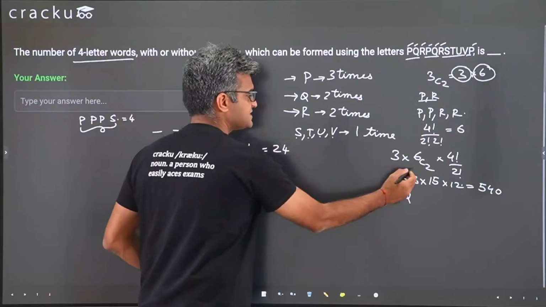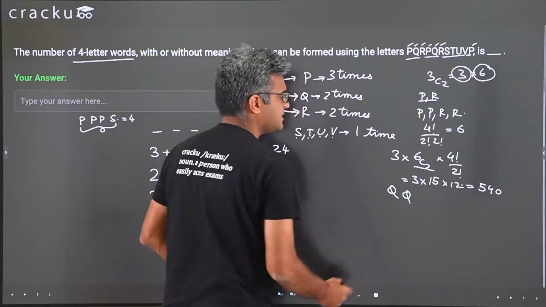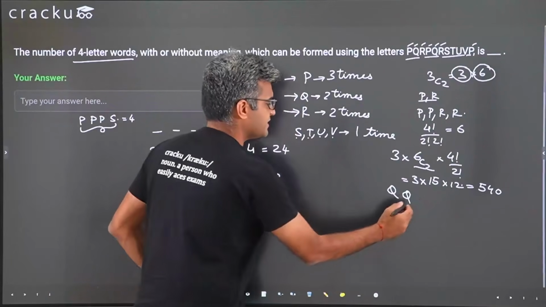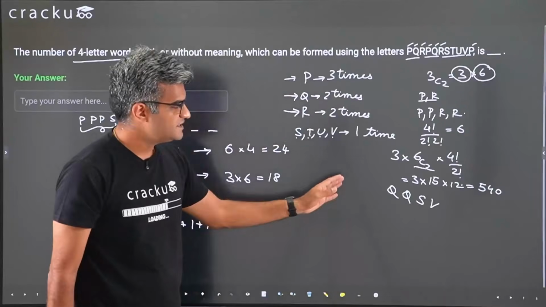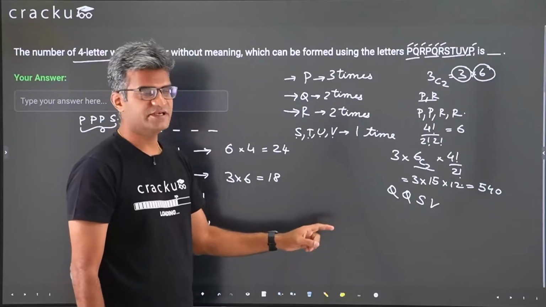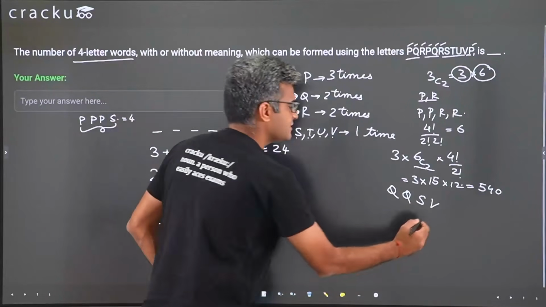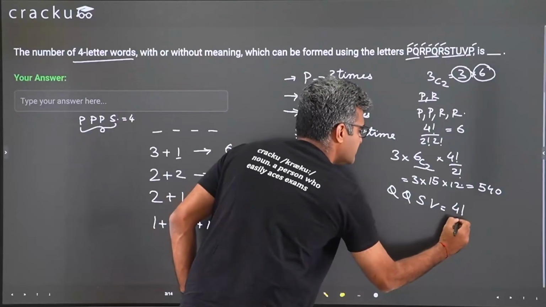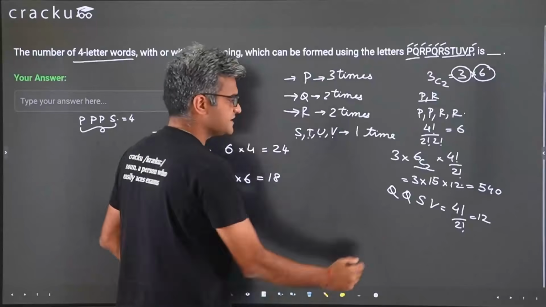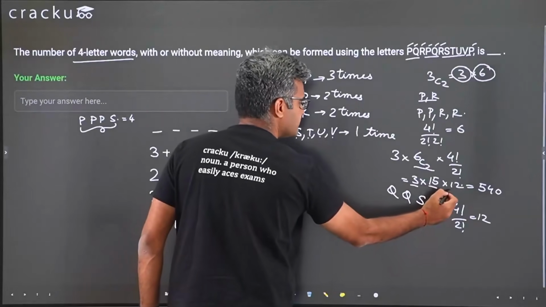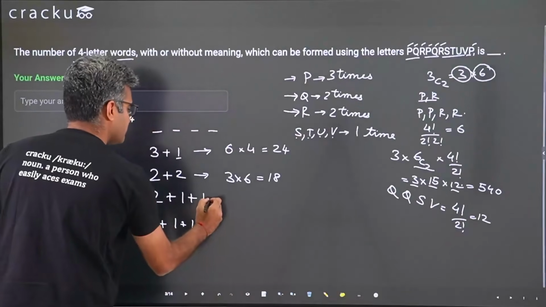That can be done in 6C2 ways, which is 15. Let us assume that the 2 letters which are selected are S and say V. These letters Q, Q, S, V can be arranged in 4 factorial divided by 2 factorial ways, which is 12. That is what we are saying. So the total arrangement is 3 into 15 into 12, which is 540.